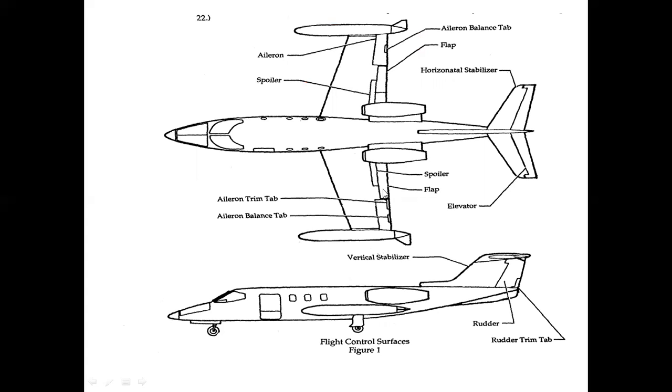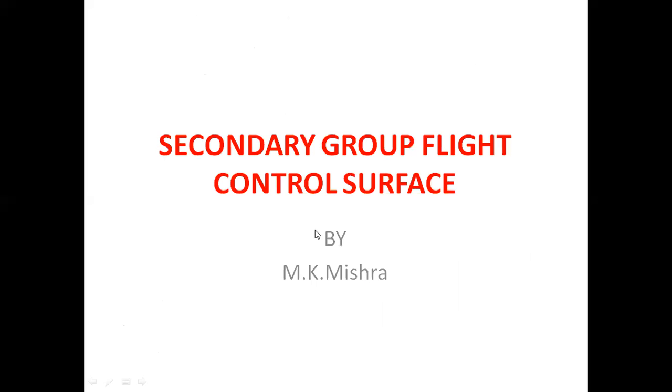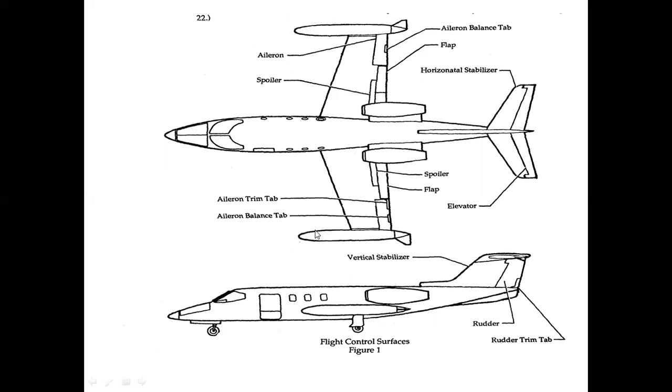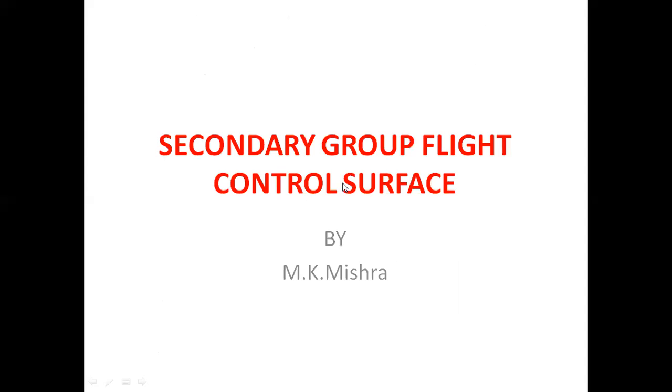Again, this is the spoiler, flap, aileron balance tab, aileron trim tab. This is the elevator. The rudder. The rudder also has a trim tab. This is all about the primary flying control surfaces of an aircraft. Now we'll study the secondary flying control surfaces in the next class.